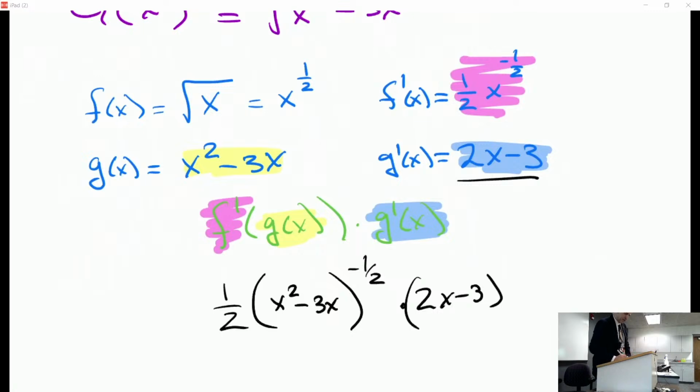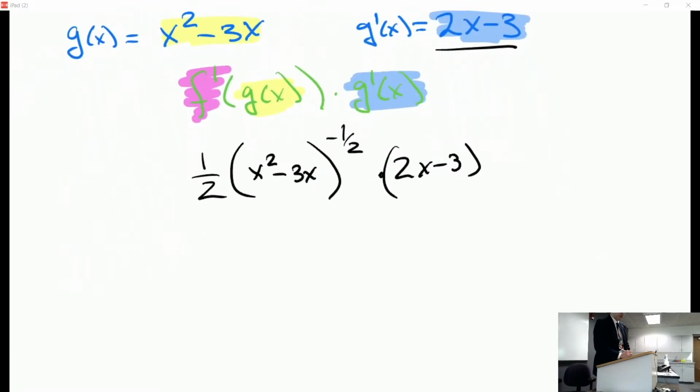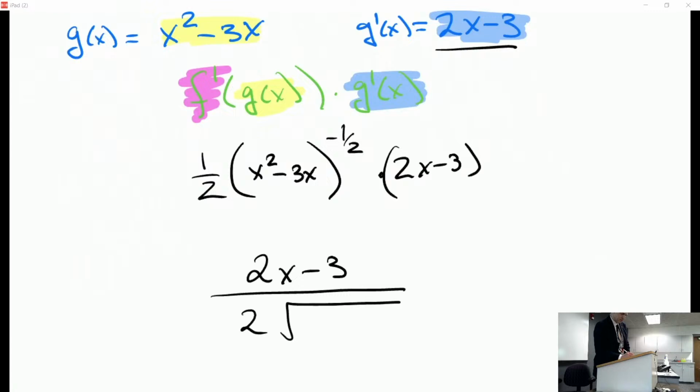This one I am going to simplify just a little bit, only because I find that notation to be a little bit grating. So I'm just going to write this like this. However, this is capital G prime.